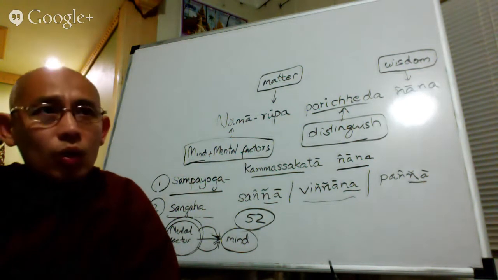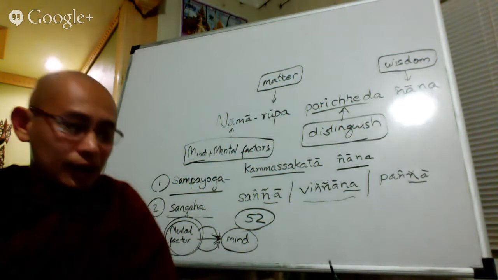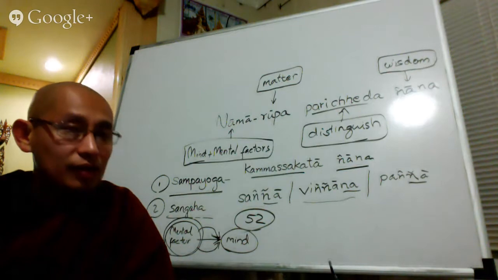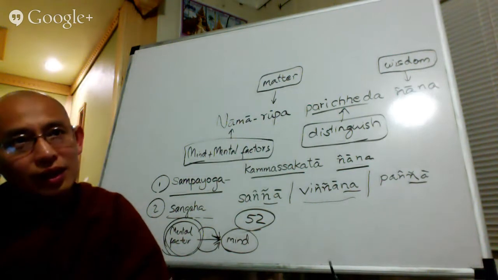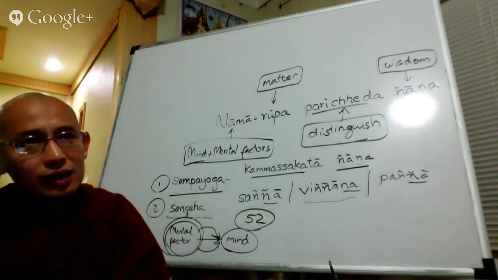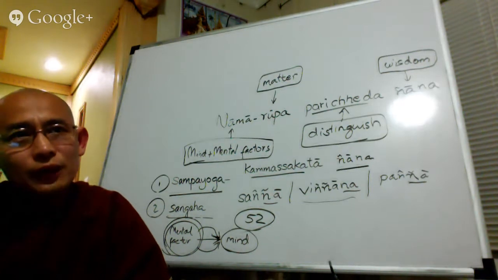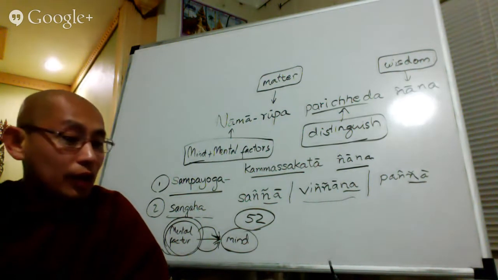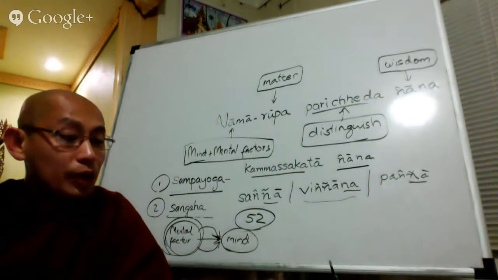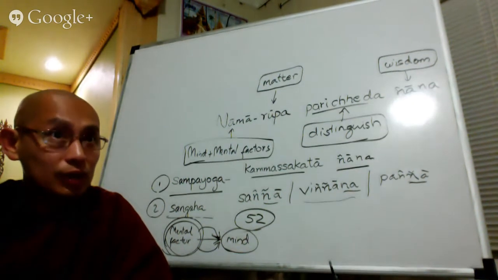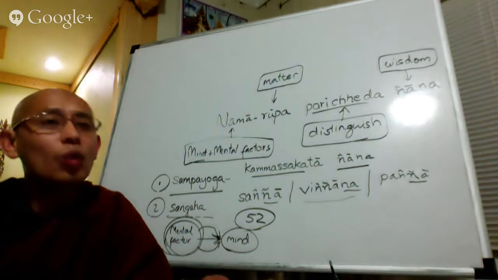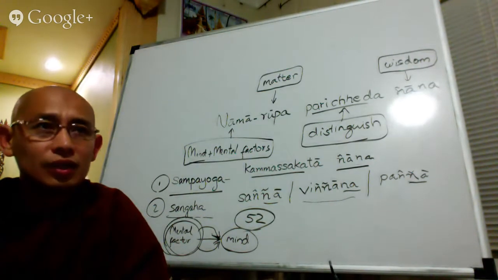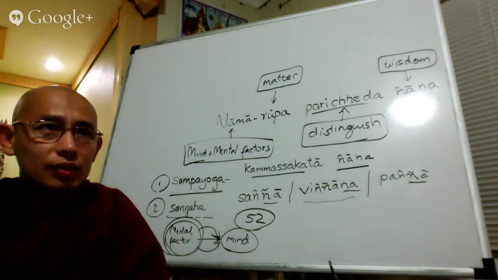So no vitaka. Second, third, fourth, fifth jhana have no vitaka. So we see vitaka only in the first jhana level, not second, third, fourth, or fifth. You understand?